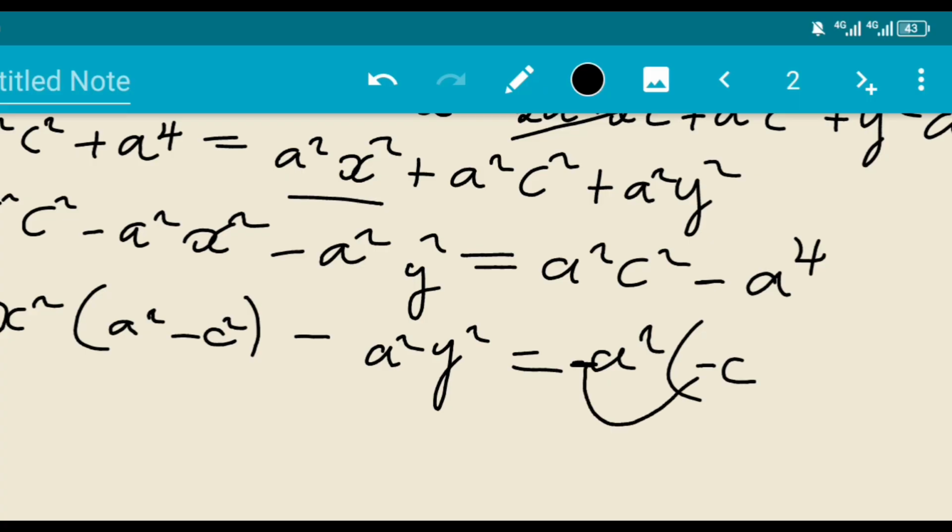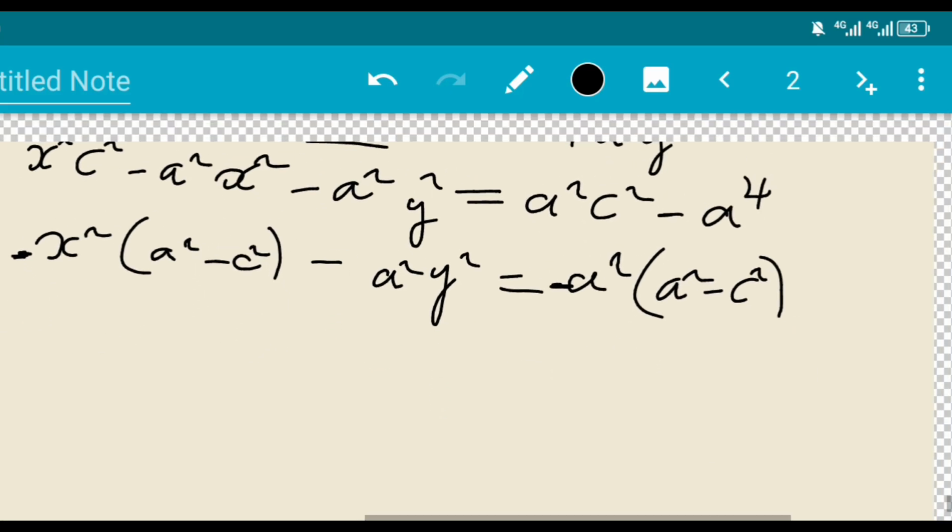Negative times negative gives us positive c, and negative times positive gives us negative a. So it will be plus a squared c squared. But let's rewrite this so that it looks neat: a squared minus c squared. We close.